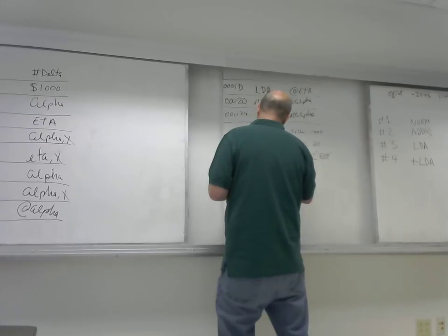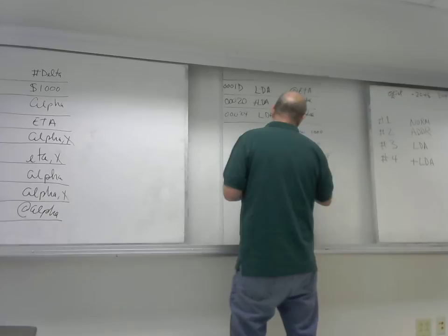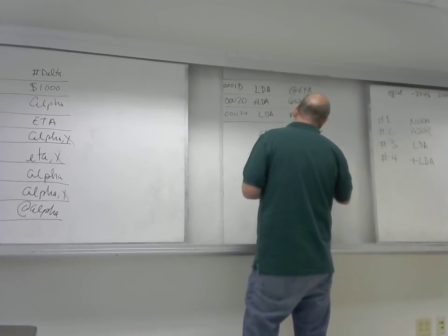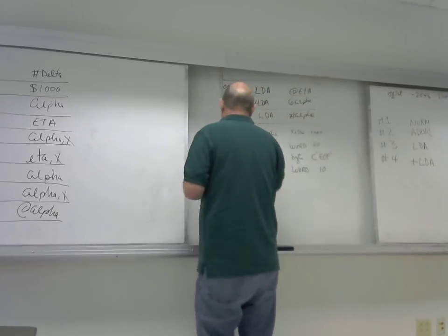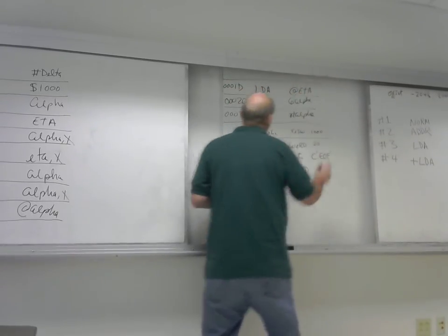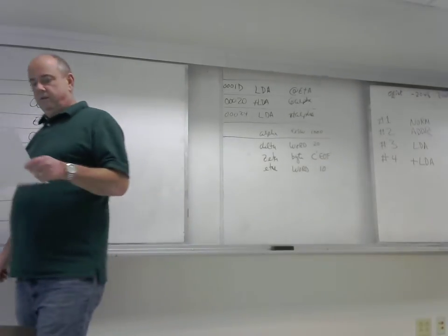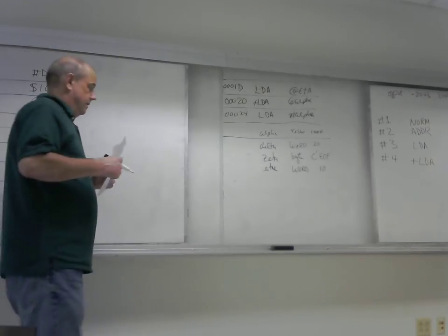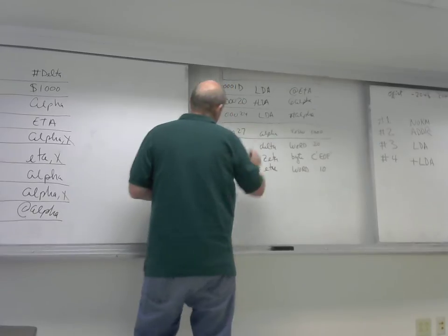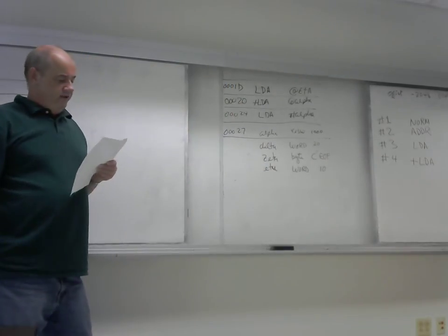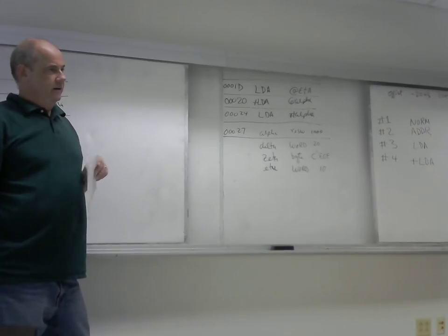And finally I have theta word 10. And then we hit the end. All right, what's the address of alpha? 27. Okay. Well, what's the address of delta? Nope.